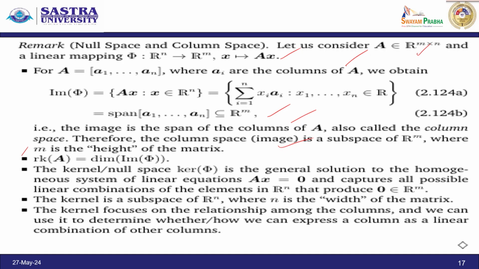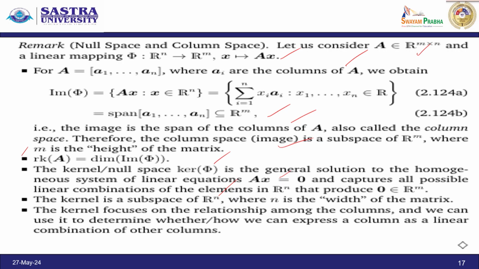Therefore, the kernel or null space of a linear mapping phi is the general solution to the homogeneous system of linear equations Ax equal to 0, and captures all possible linear combinations of the elements in R power n that produce 0 in R power n. Therefore, the kernel is a subspace of R power n, where n is the width of the matrix.